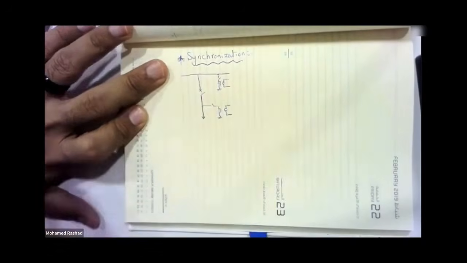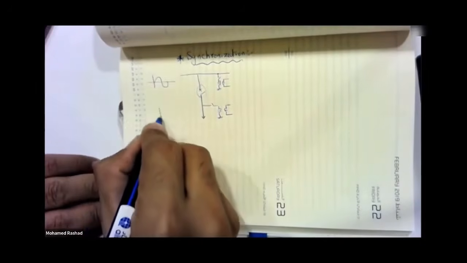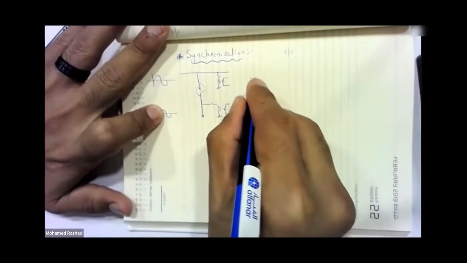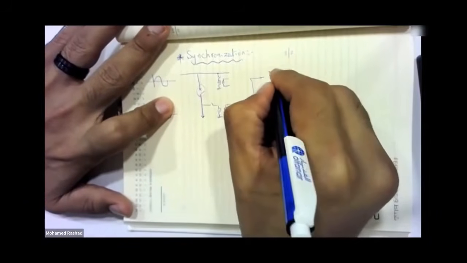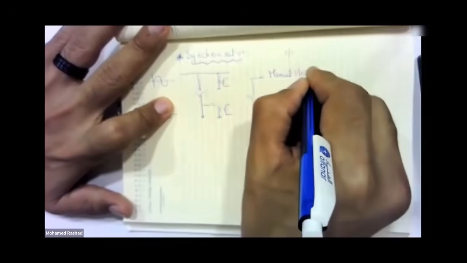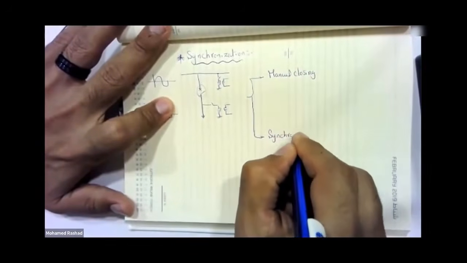All right, so what are the conditions for synchronization? The idea is quite simple. For this breaker to close, this side has a specific waveform, and this side has a specific waveform as well. The conditions for synchronization can be divided into two parts: manual closing, and the other thing called Synchrocheck.